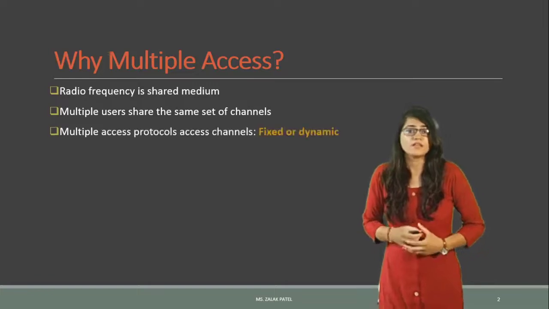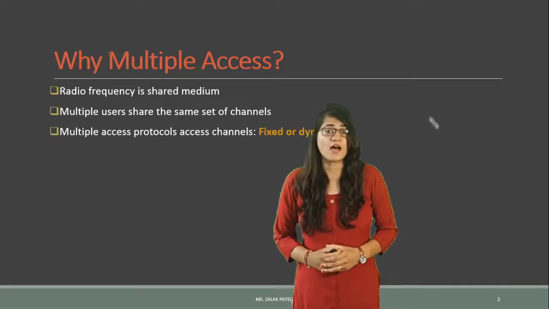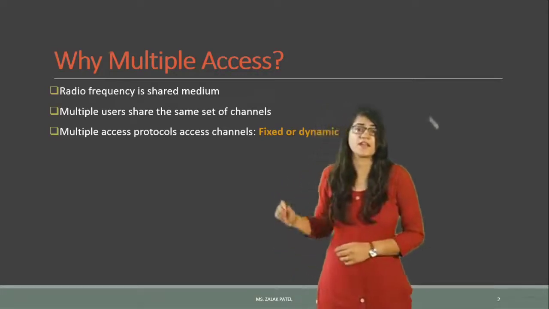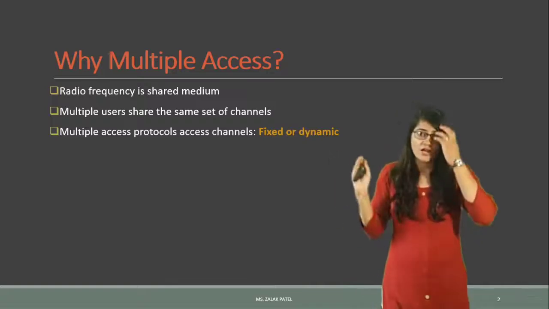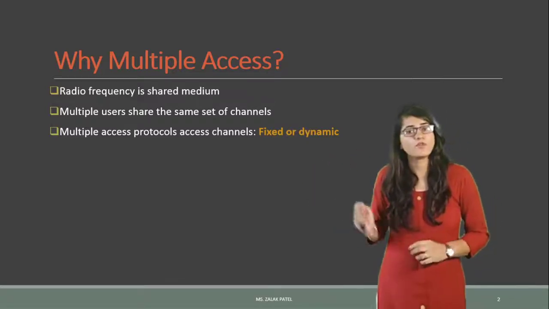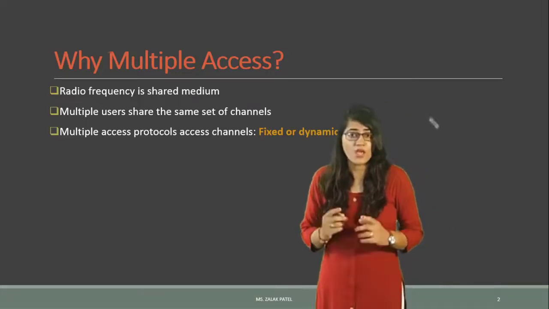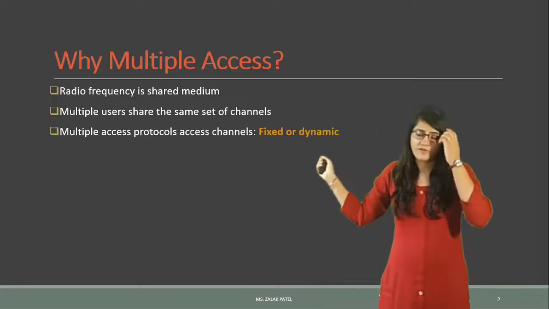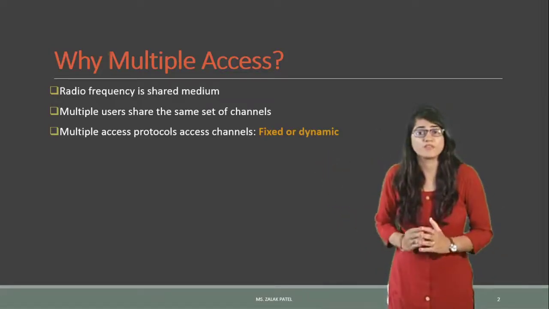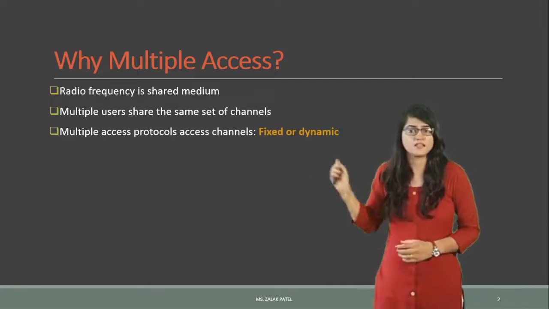Here the multiple access techniques or protocols can be of two types: either fixed type or dynamic type. We can understand the fixed and dynamic types of multiple access protocol with the help of channel assignment techniques. In terms of fixed channel assignment, from Unit 2, the cellular concept, we can understand these two terms.